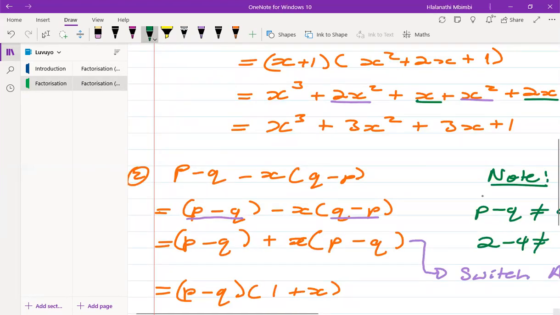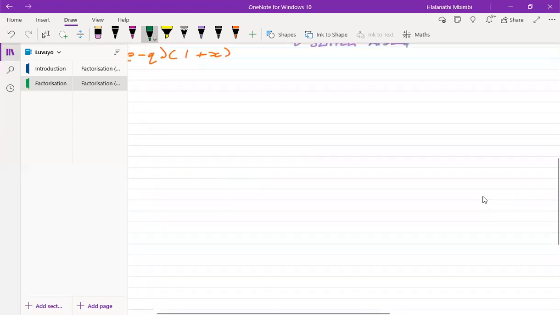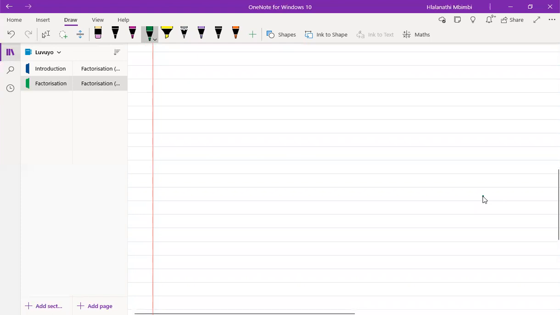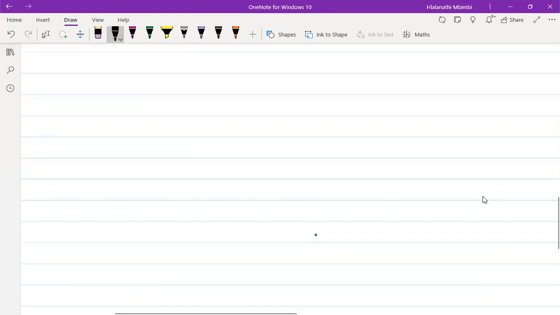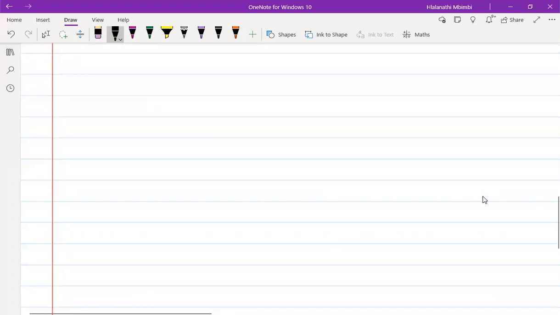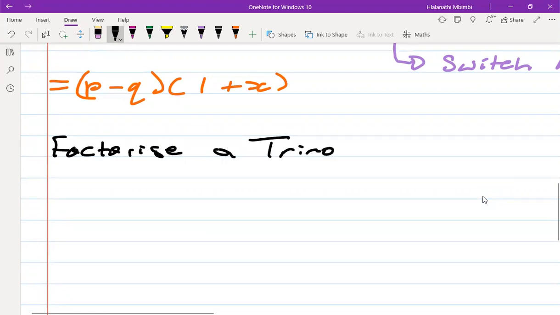Okay, today, what are we looking at? Today we are factorizing a trinomial. I always complain about how this is called.